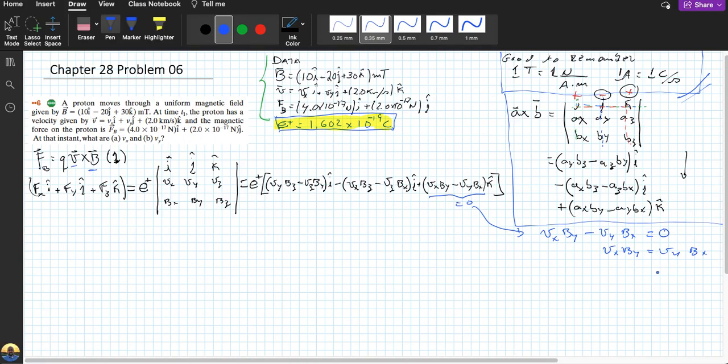Well, it seems that if we calculate Vx, we don't need to do the same work that we have been doing to calculate Vy. You know why? Because the way that I thought this problem through, I will calculate Vx, and guess what?